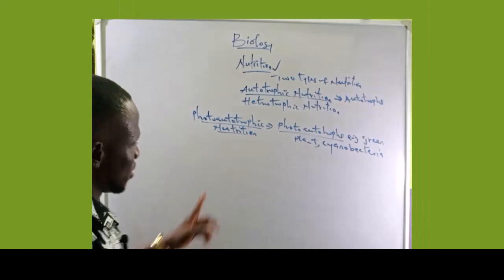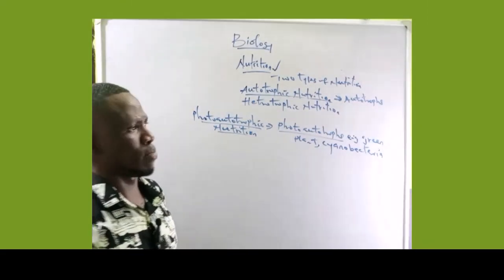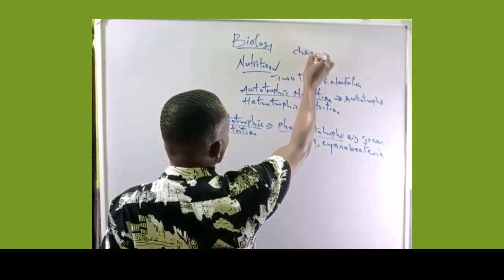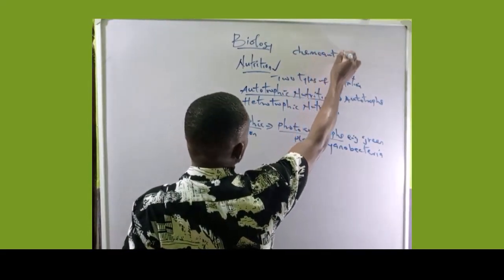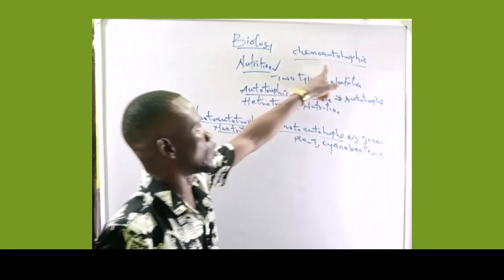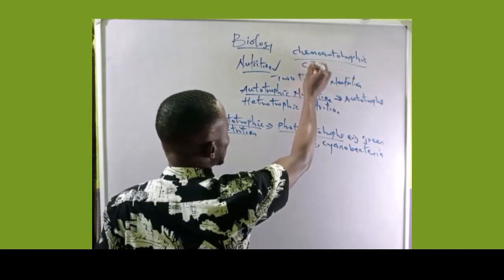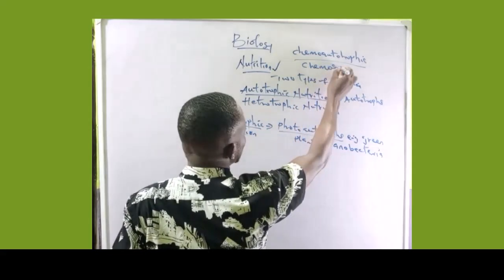Those bacteria are generally known as cyanobacteria. Please, it's very important to remember that in chemoautotrophic nutrition, the process by which chemoautotrophs feed is called chemosynthesis.